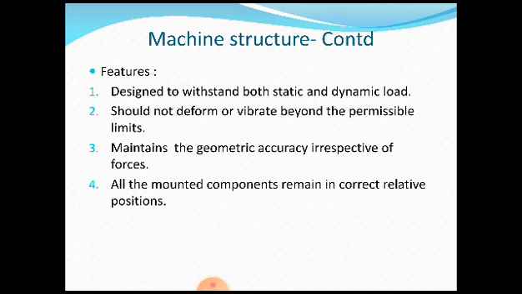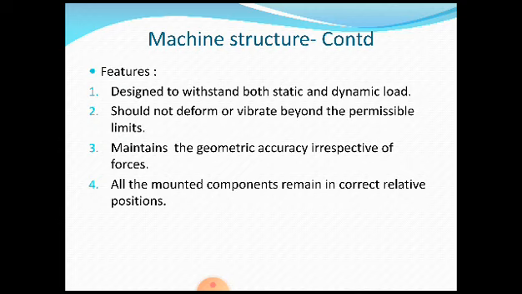Along with this, it should not deform, and at the same time it has to maintain accuracy. For example, the guides are mounted on the machine structure. The accuracy with which the slides move is called the geometric accuracy, and it should be maintained irrespective of the forces coming on the machine structure. All the mounted components remain in correct relative positions.